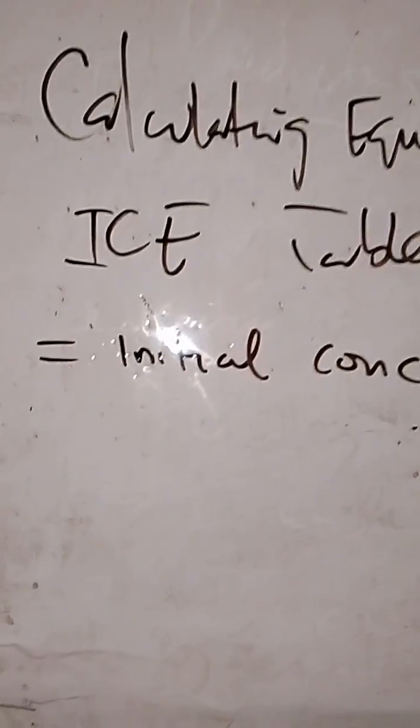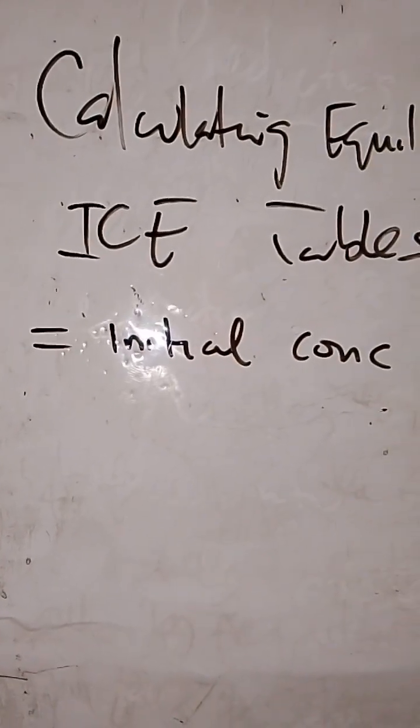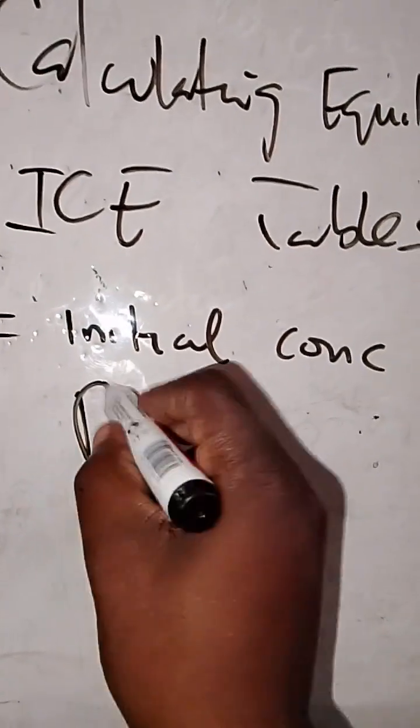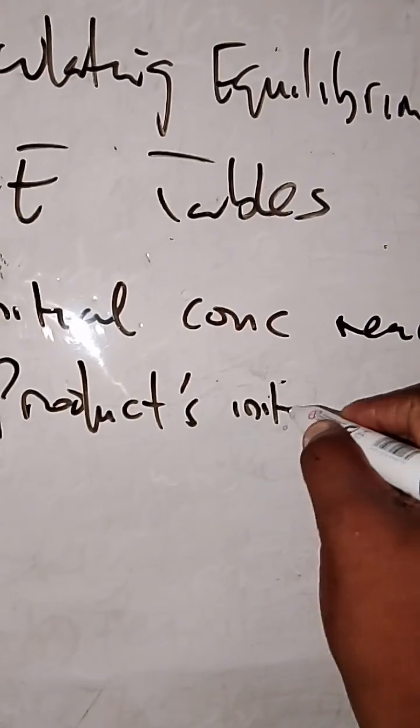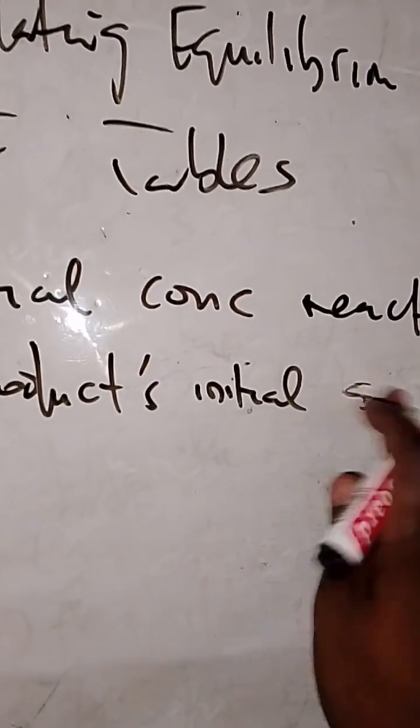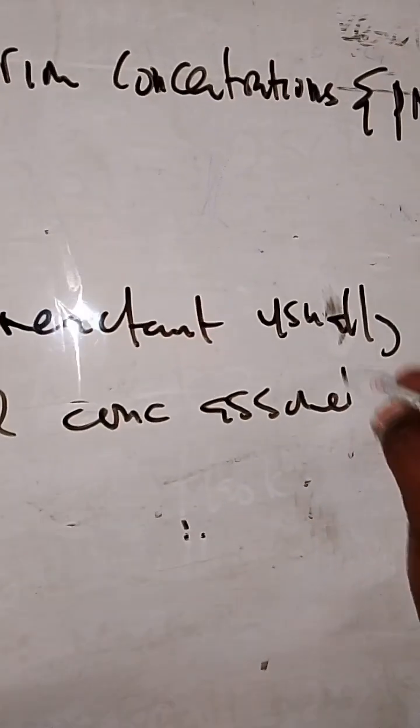Then the products' initial concentration is usually assumed to be 0 unless otherwise stated.